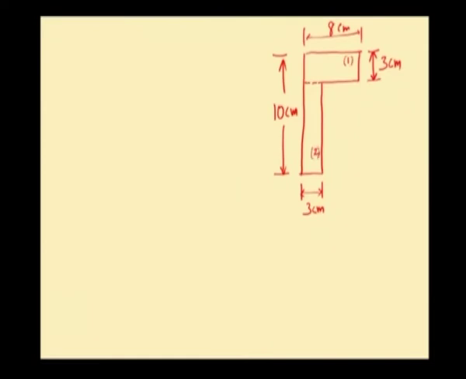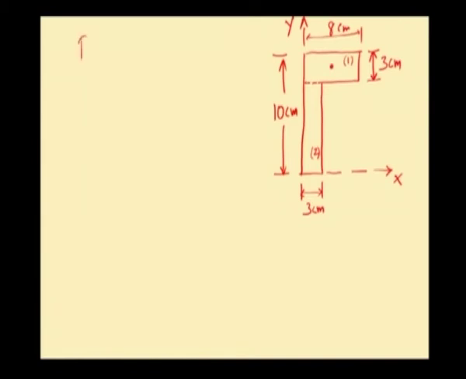Now, as we discussed before, CG will be located with respect to the reference axis. The reference axis will be the bottommost line of the figure, which will be the x axis, and the left line of the figure, which will be the y axis. Now, rectangle 1 will have its own CG. The dot which I am marking here represents CG of rectangle number 1.